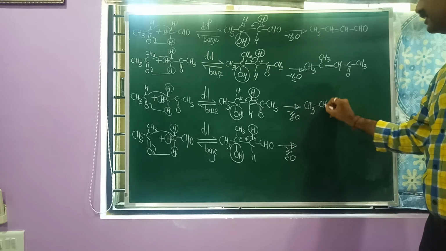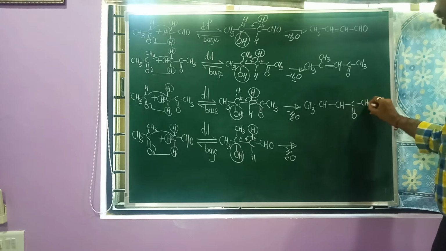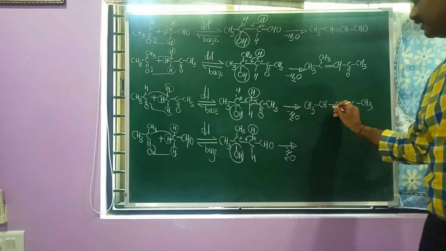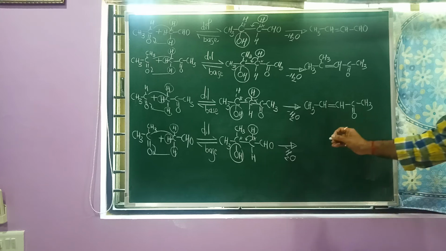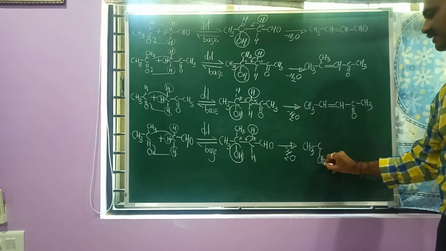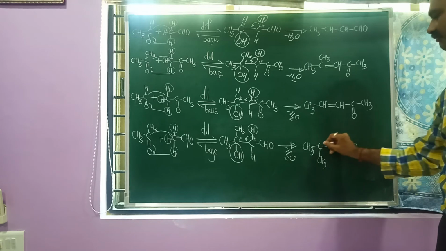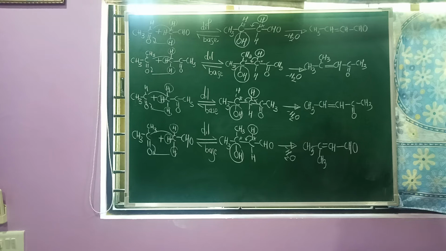CH3, CH, CH, CO, CH3. A double bond will form between alpha and beta. In the last case, CH3 carbon, CH3, CH, CHO. A double bond will form between alpha beta.